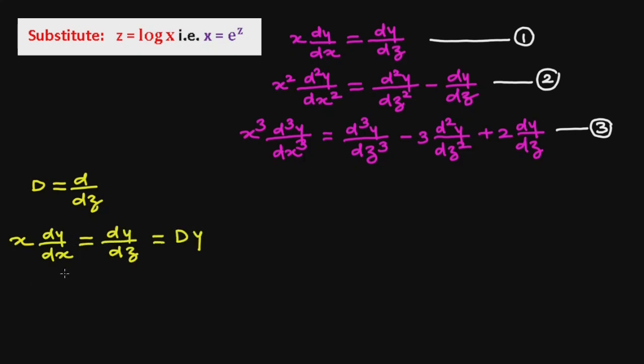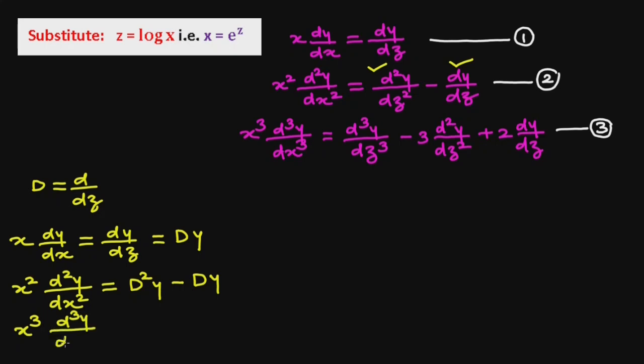The second result can be written as x square d2y upon dx square equals D square y, for this d2y upon dz square, minus Dy for this dy by dz. The third result will be x cube d cube y upon dx cube equals D cube y for this d cube y upon dz cube, minus 3 D square y for this d2y upon dz square, plus 2 Dy for this 2 dy by dz.